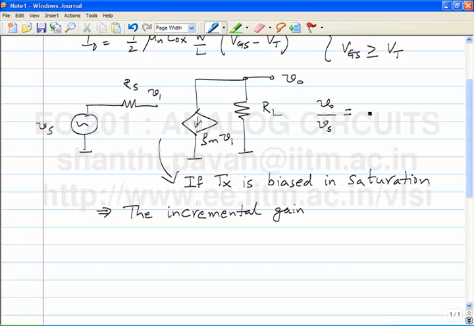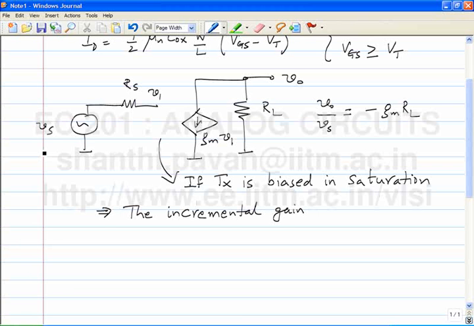It is minus GM into RL, and this follows because V1 is the same as Vs. So if Vs changes, V1 will change the same way, and the incremental current flowing in the drain is GM times V1. So the incremental voltage across RL is the incremental current times the resistance.